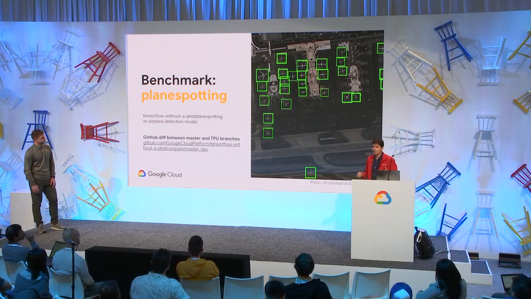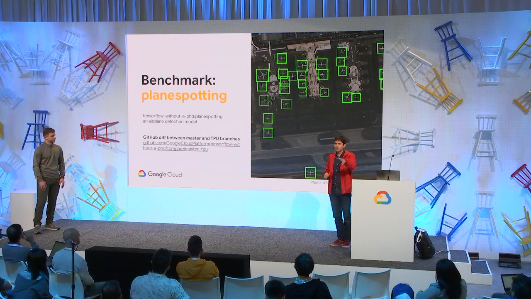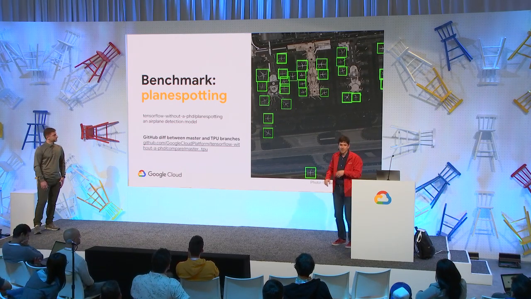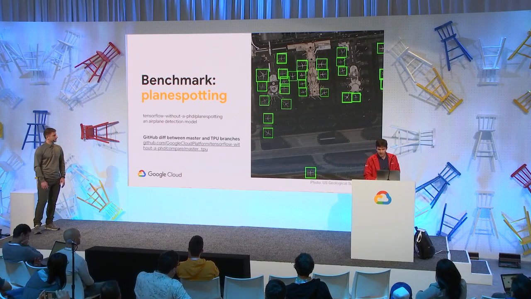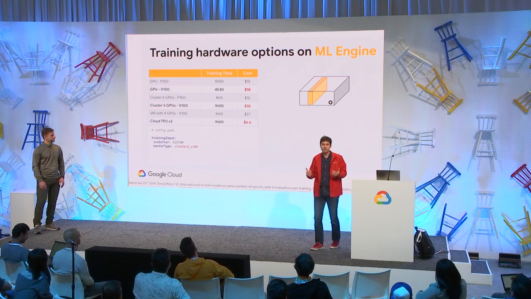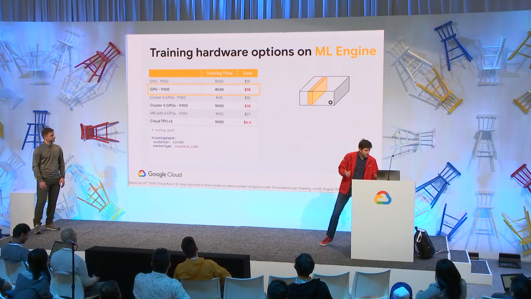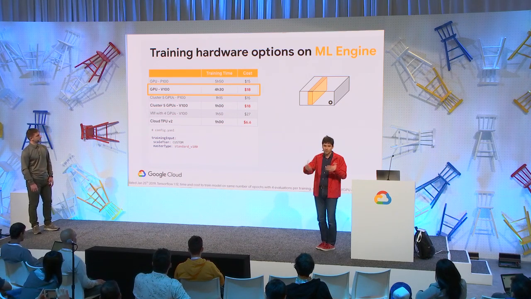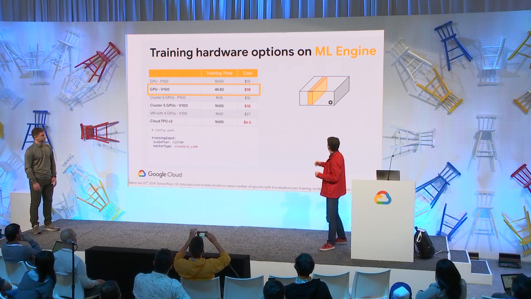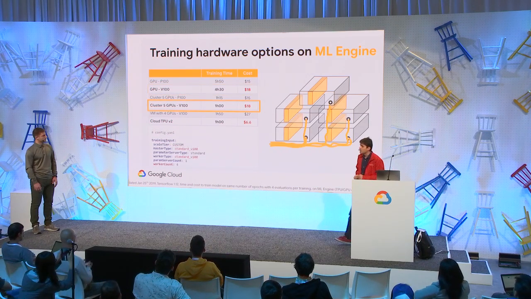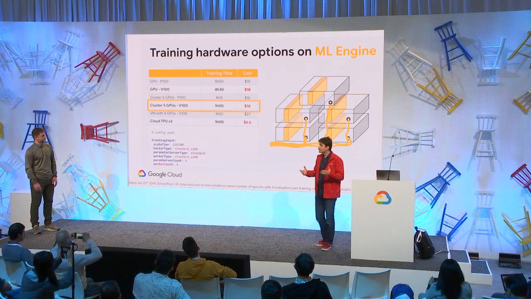And of course, you want to know how fast this goes. So some of you might remember my talk from last year when I showed you how to do airplane spotting. I'm using this neural network as a benchmark these days. And so this neural network trains in 4.5 hours on a big, powerful GPU. On ML Engine AI platform now, you can easily get a cluster of those.